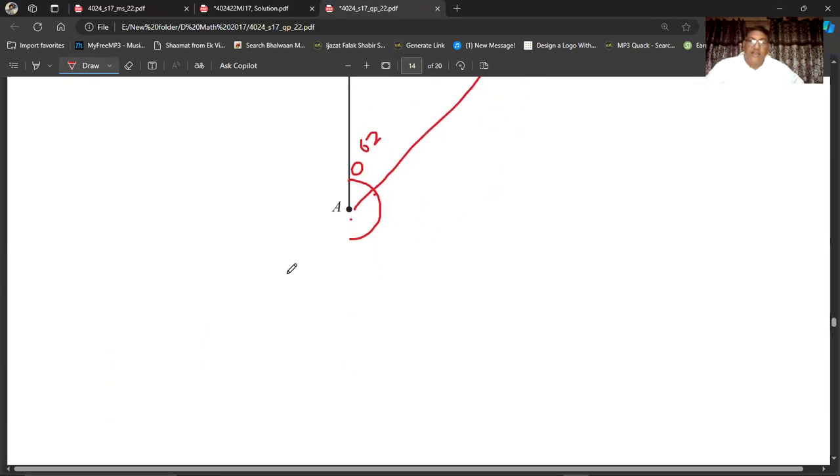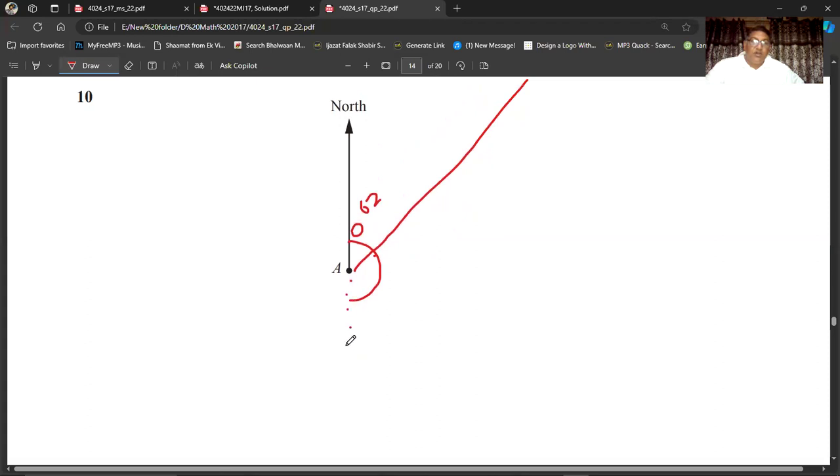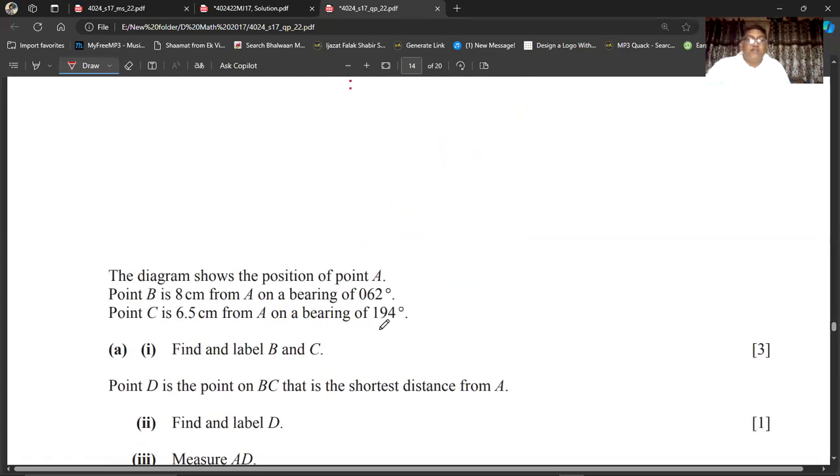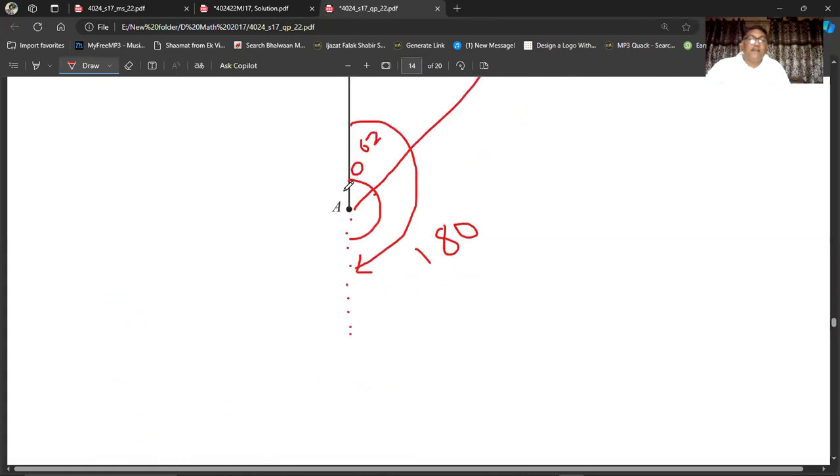How will I do that? I will prolong this line, and you know from here to here, this bearing is how much? 180 degrees. So from that north, you have to go clockwise. Because I want to draw the bearing of 194, I will put my protractor like this, and now my 0 will be here.